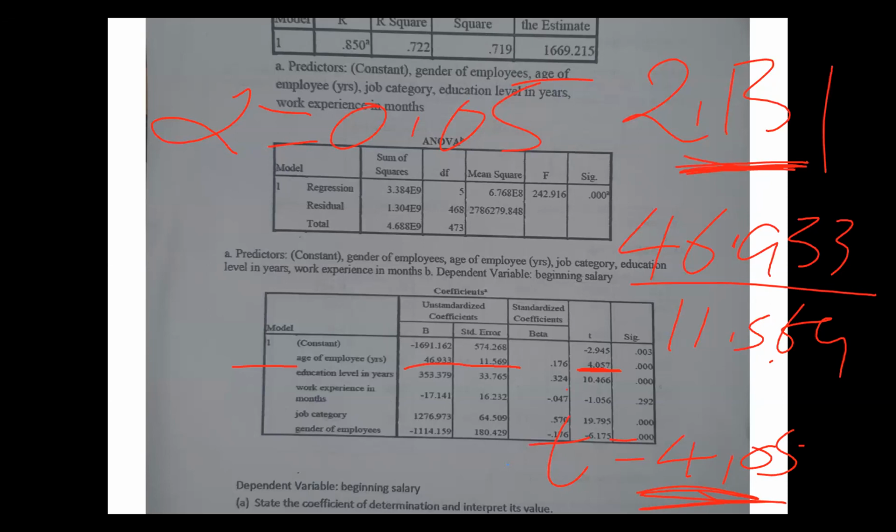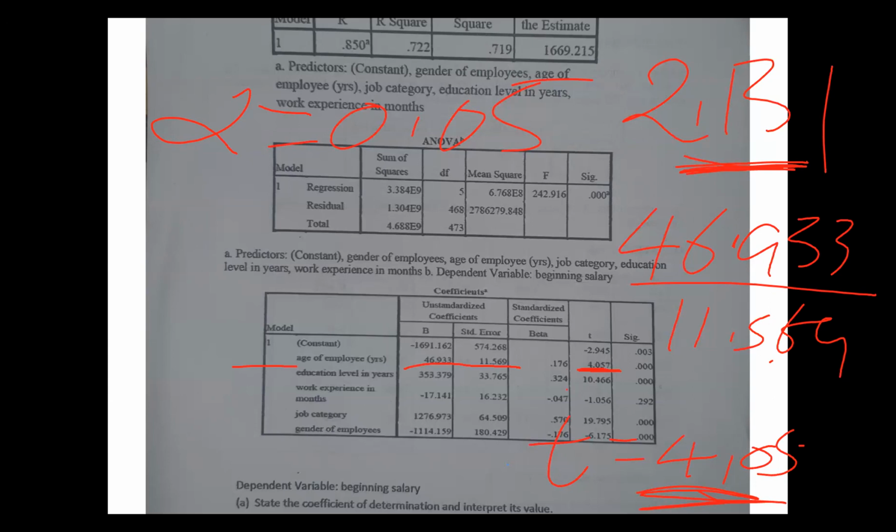When you reject the null hypothesis, it means the variable is statistically significant to the model.